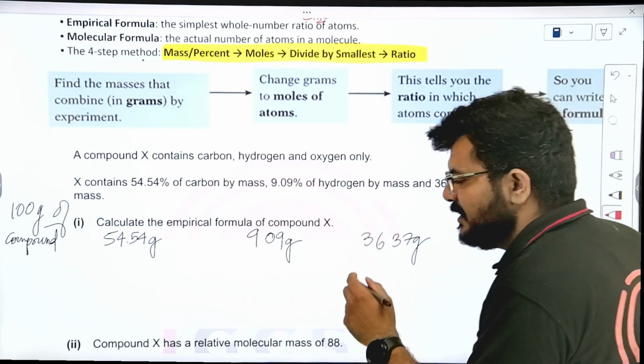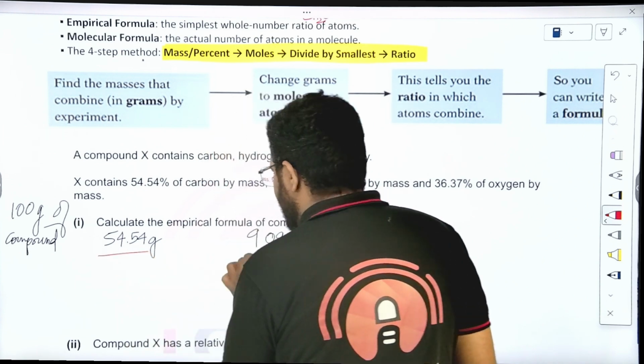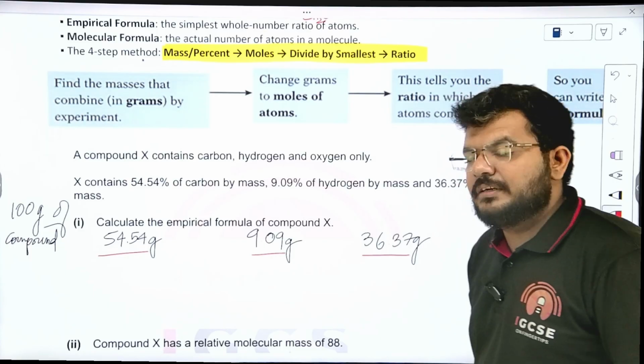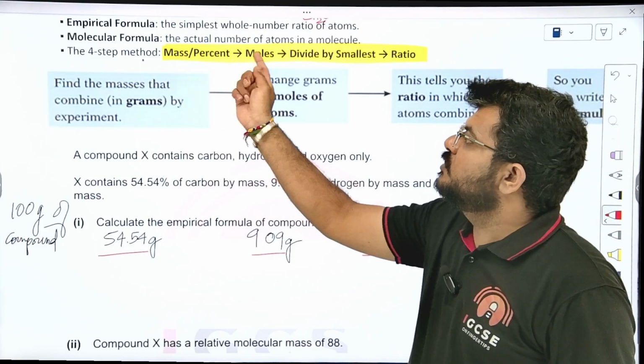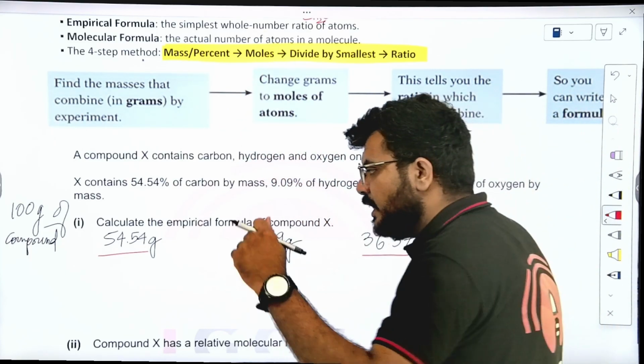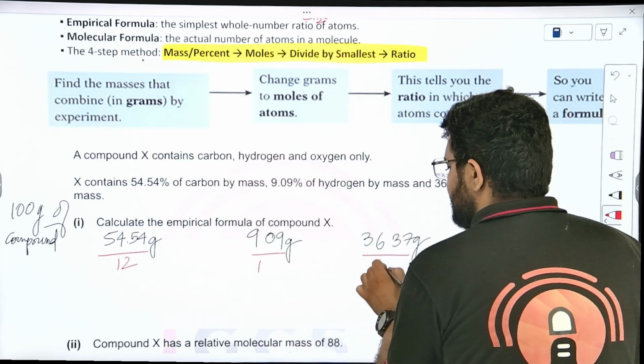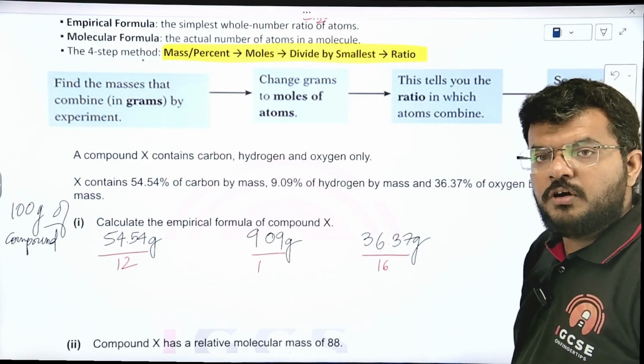Now, when they say by mass, I can divide by the relative mass. The first step was from mass percentage to mole. So I divide by the relative masses, which will give me the number of moles.